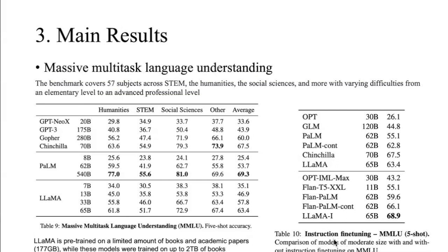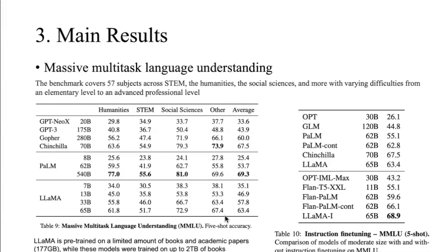But LLaMA also showed that if we are able to specifically instruction fine-tune on these examples, then the performance also improves by a lot, right? This is LLaMA I, the instruction fine-tuned one.